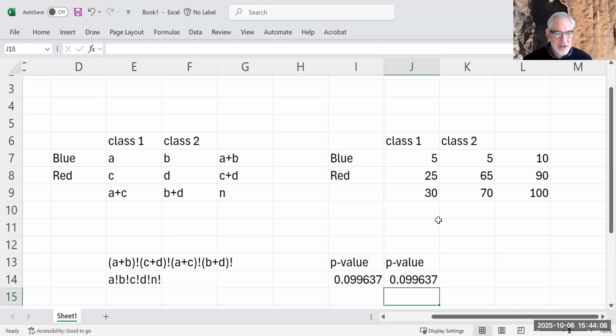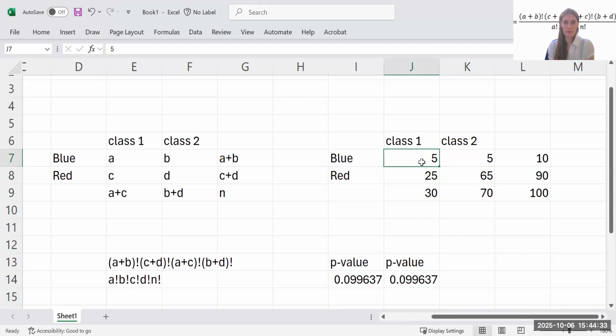Okay, so I imagine if we go in here and change these to bigger numbers or smaller numbers, but in the same proportions, I should mention I've run this test before using the chi-square distribution, and it comes out as not significant.